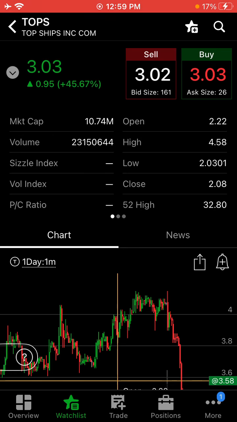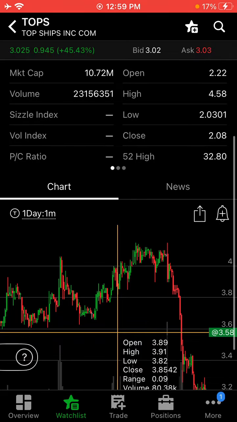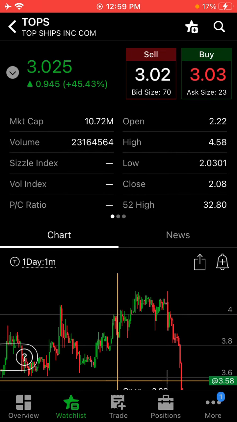And the market cap, it's showing that it's 10.7, and then as the stock moves in price, if it goes up, the market cap will increase, and if the price goes down, the market cap will decrease.